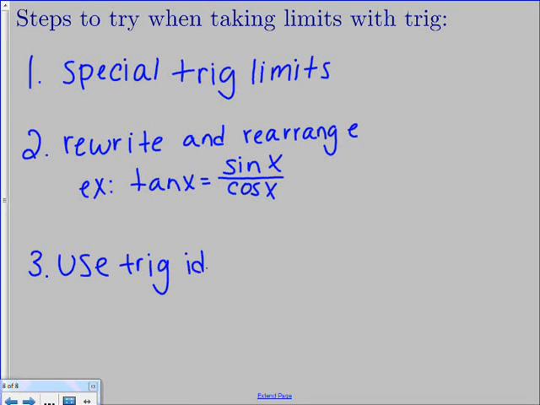And trig identities, your calculus book might have a list of them for you, or you can easily Google them, and a bunch of different websites and resources will pop up to give you a list of them. And you can use different trig identities to substitute in and simplify and try to rewrite and manipulate your function until you have something that you know how to work with. So those are 3 steps that you could try and take when you're trying to find the limit of something that involves trig.